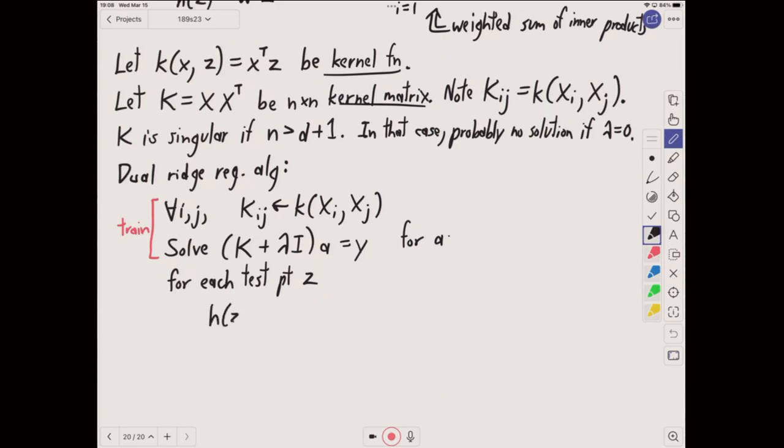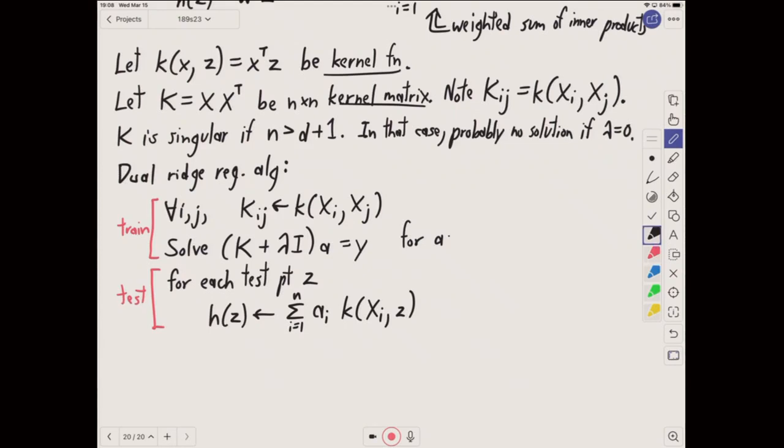And so you compute that linear combination of inner products, that weighted sum of inner products that I already told you about. And that's the testing phase, or the let's use what we've trained phase of the algorithm.